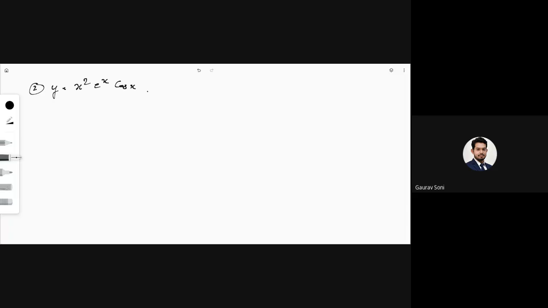Take the nth derivative of e to the power x cos x, you know, by our list, which is r raised to n e to the power x cos of x plus n times theta. How many terms? The first three terms will be there.